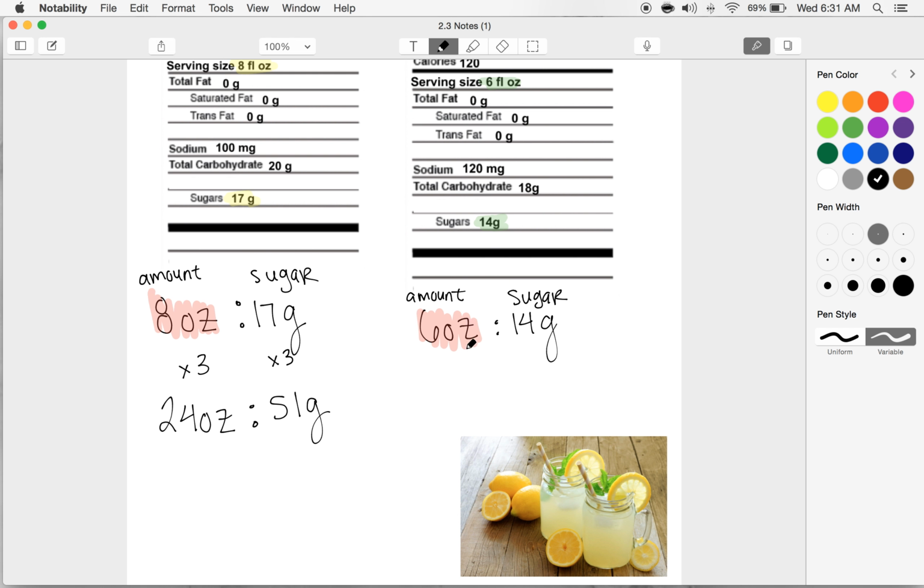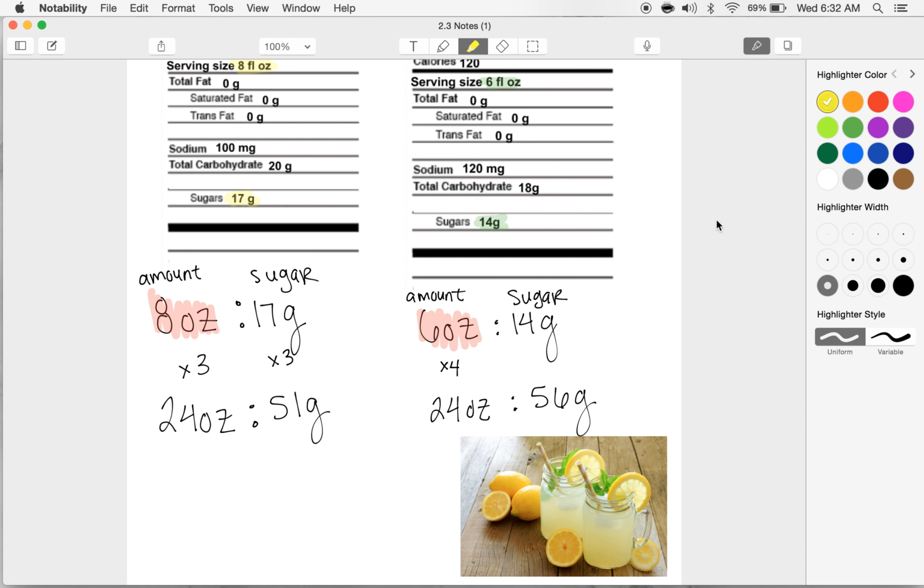I'm going to do the same thing. What do I have to do to make 6 24? I have to multiply by 4. If I do that to my 14, I can see that's 56 grams. Okay, so just to kind of clarify, let's make the pink over here, that's the sugar amount.